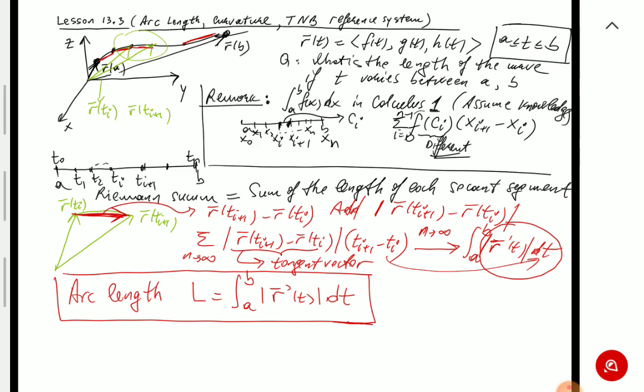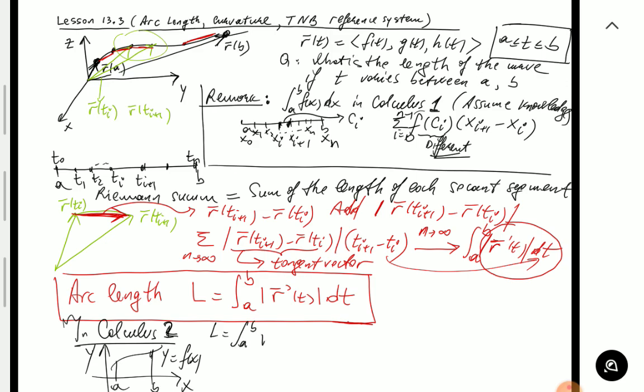Before we move on to an example on the second page, I want to point out that in Calculus 2, you found the length of the graph of a function, right? So let's say you have a single variable function between a and b, y equals f of x, and then the length was the integral from a to b, if you remember, of the square root of 1 plus f prime of x squared, dx.